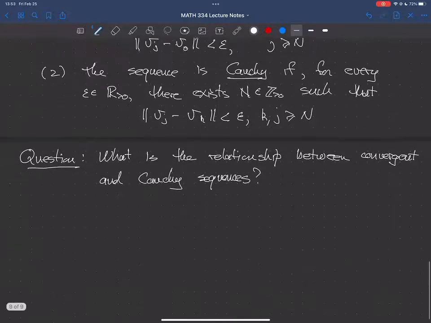Well, one half of the relationship is clear, and that is that convergent sequences are Cauchy.